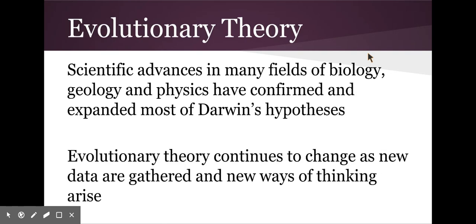So, evolutionary theory. Scientific advances in many fields of biology, geology, and physics have confirmed and expanded most of Darwin's hypotheses. Evolutionary theory continues to change as new data is gathered and new ways of thinking arise. So the big ones that I want you to consider here, I want you really to think about the homologous structures.